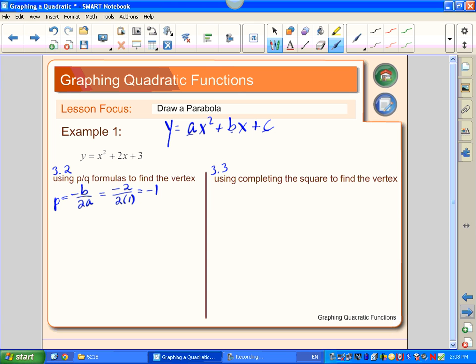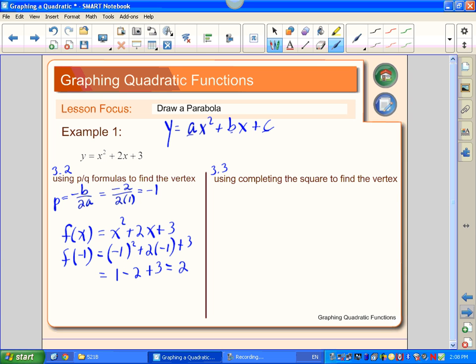There is a formula, but basically I'm treating my function like this, and I'm going to substitute in the value of -1 for x into the function. So I have 1 minus 2 plus 3, which gives me 2. So that is telling me that q is 2. So what's the vertex? The vertex is (-1, 2).